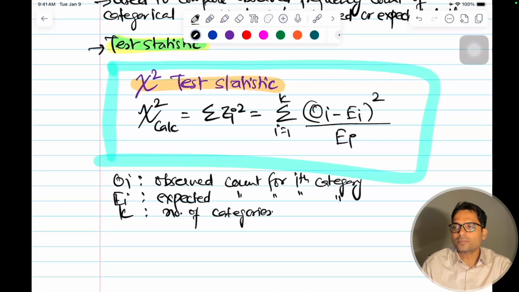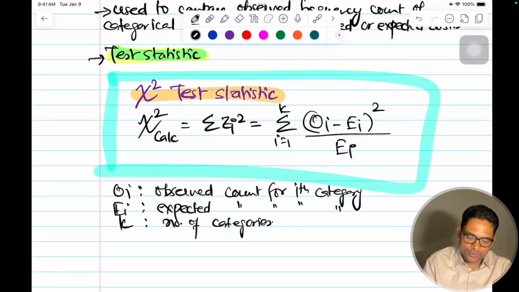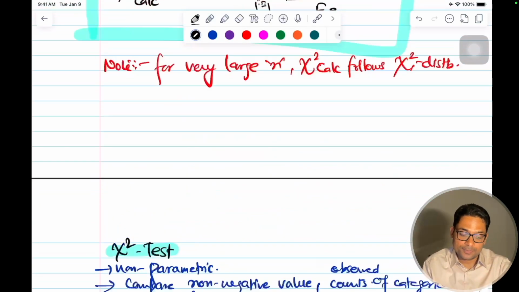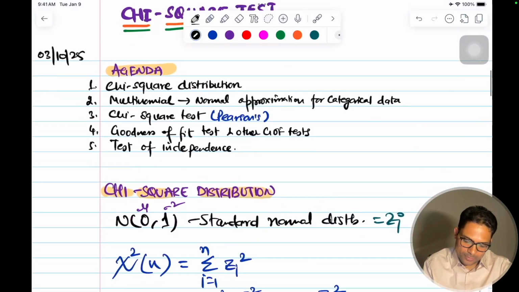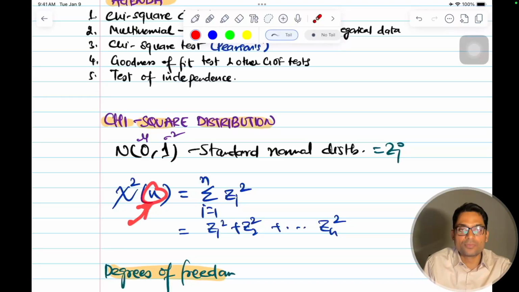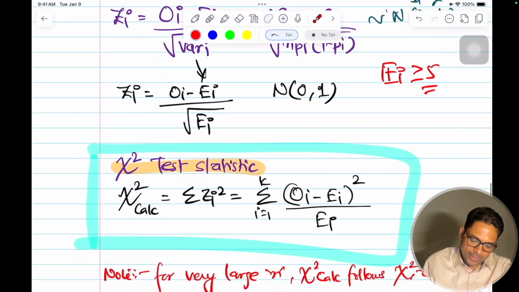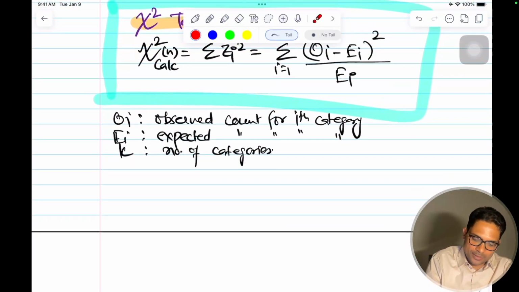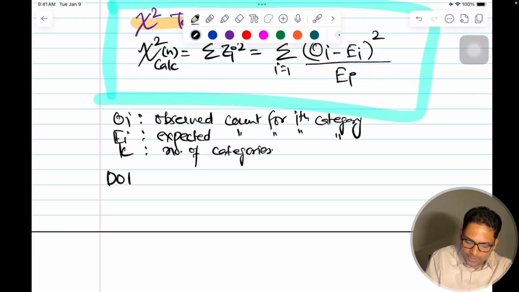Now we have degrees of freedom also. There was a parameter n, if you remember, in the chi-square distribution. So we also need this n. What is the degrees of freedom for this? The degrees of freedom is equal to k minus 1, where k is the number of categories.